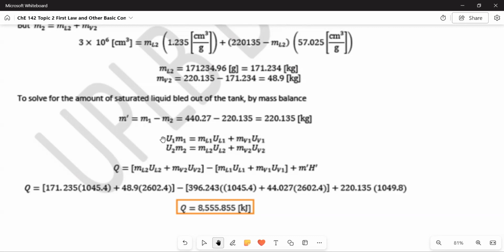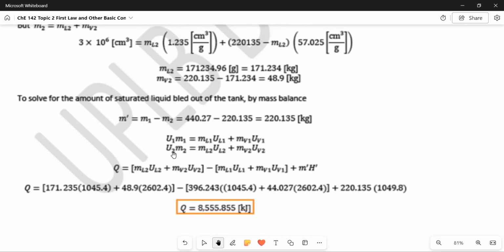So to determine U1 and M1, it's the mass of the liquid times the internal energy of the liquid plus the mass of the vapor times the internal energy of the vapor at the initial condition or state 1.